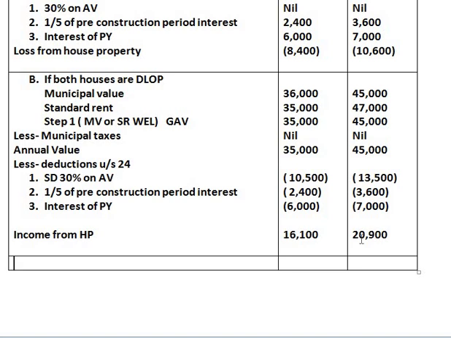Our answer is whichever income shows more. In this solution, we get income from house property 2 more compared to 1. Therefore, whichever house property's income is more should be treated as self-occupied property, because the assessee need not pay tax on this property.